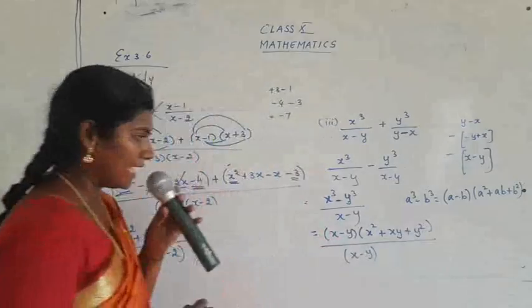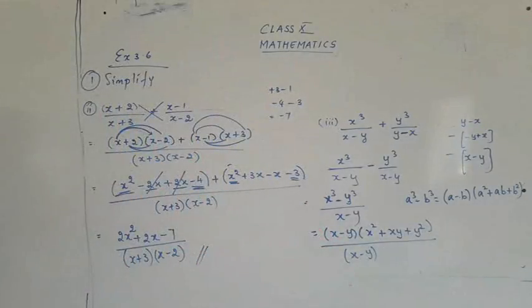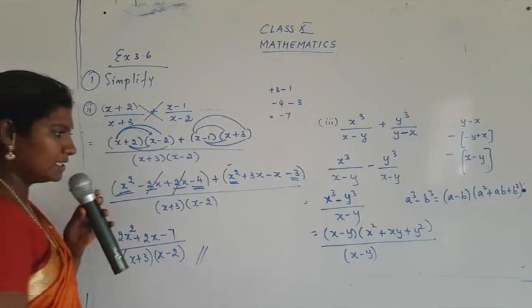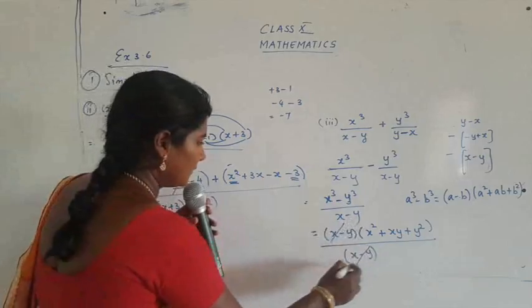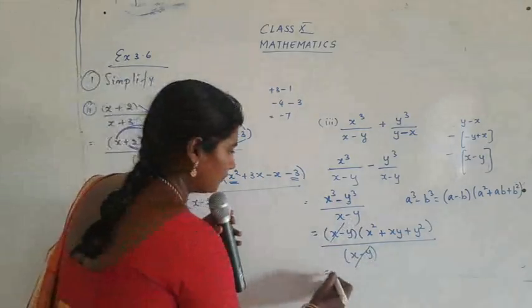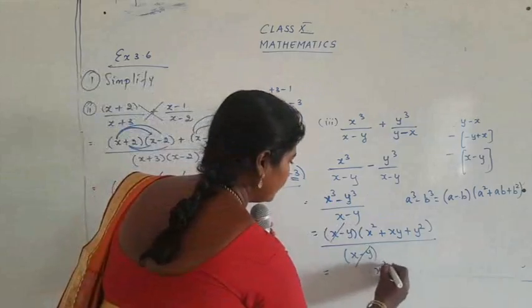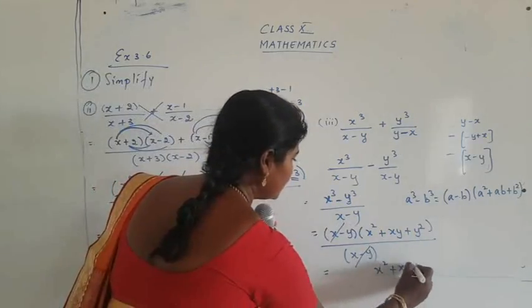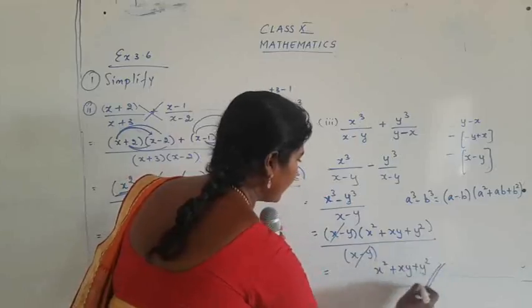Just try to cancel the common part from the numerator and denominator. So what is common in numerator and denominator? X minus y is common. Cancel both of them. What is left out now? X square plus xy plus y square. This is the required answer.